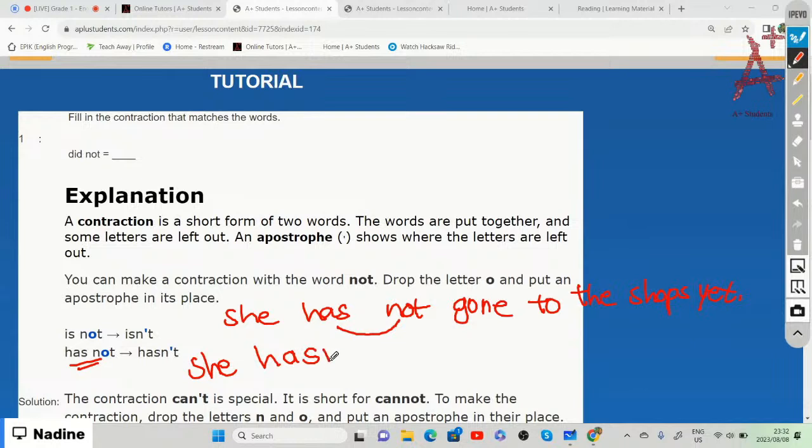We put has and not together, we drop the O, and put the apostrophe in the place of the O. So hasn't is the contraction, the short form of the two words has not. So she has not gone to the shops yet is the same as saying she hasn't gone to the shops yet.